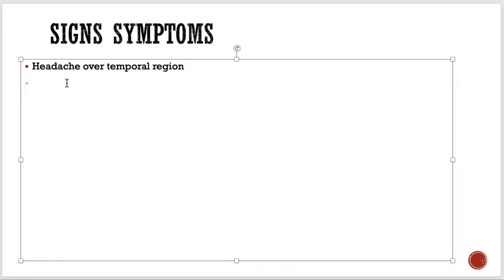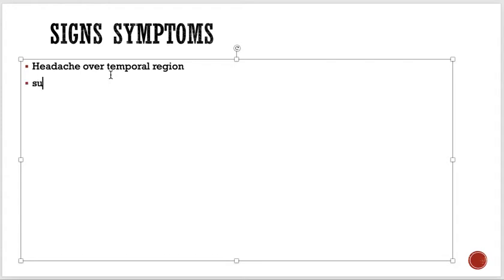They have tenderness. The bad thing is, because they have inflammation of the temporal artery, this inflammation can also involve the occipital artery.